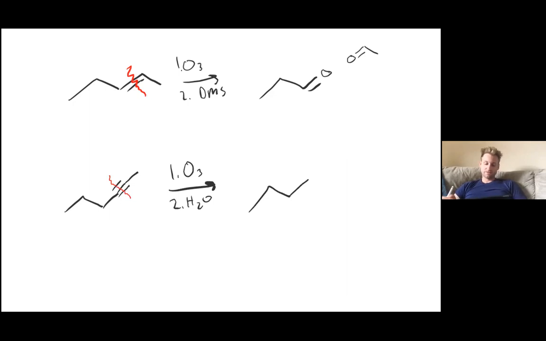In order to get 3 bonds to oxygen, we're going to need to form carboxylic acids on either side. So very similar concept. We're just making an extra bond to oxygen. Instead of just making aldehydes, we're going to be making all the way down to carboxylic acids.